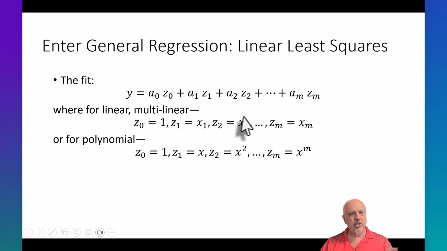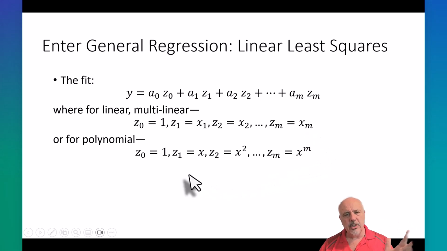And if it's a linear or multilinear type of situation, the z0 is going to be 1. So it makes it nice, and every term here looks the same. The z0 for polynomial is going to be 1 as well, but I'm just trying to make everything look consistent. So for linear, multilinear, z0 is 1. Z1 is going to be my x1. Z2 is going to be my x2. And all the way up to, if I have m, zm is going to be the mth x data point.